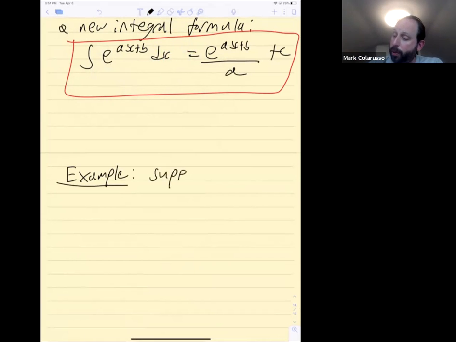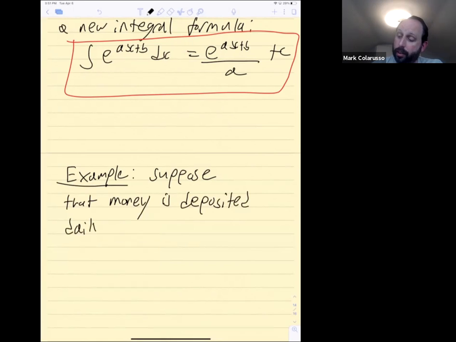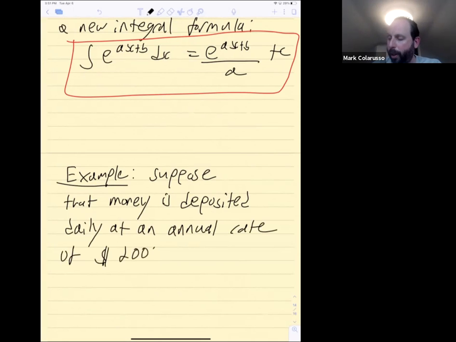Suppose that money is deposited daily at an annual rate of $2,000. So in other words, at the end of a year, you'll deposit $2,000. So at the end of 1 year.